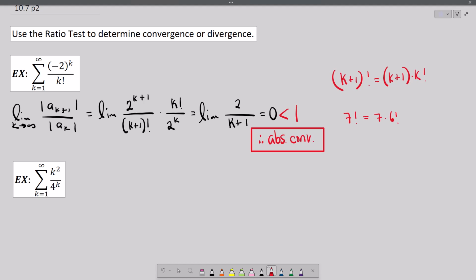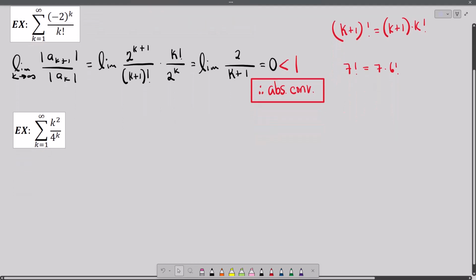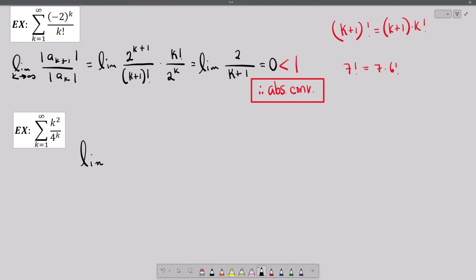Not too bad. A lot less work than some of those alternating series tests. All right, let's try another one. This one has an exponential in the denominator. Let's see how it all shakes out.